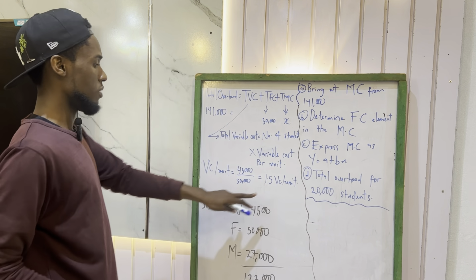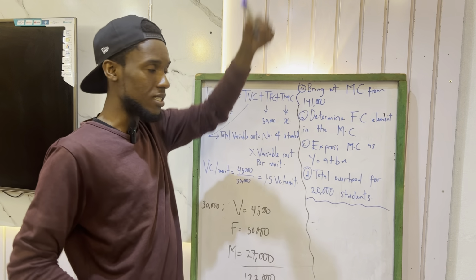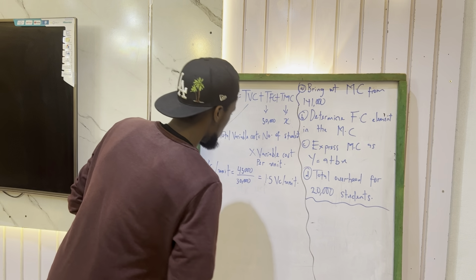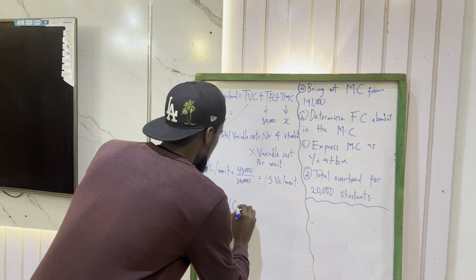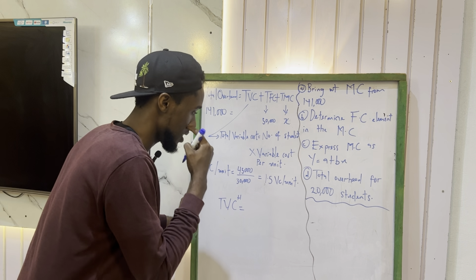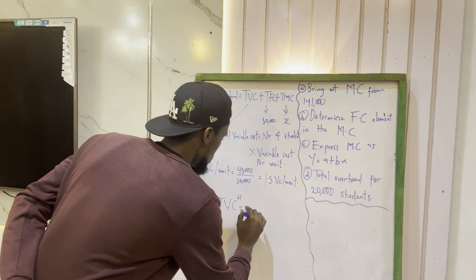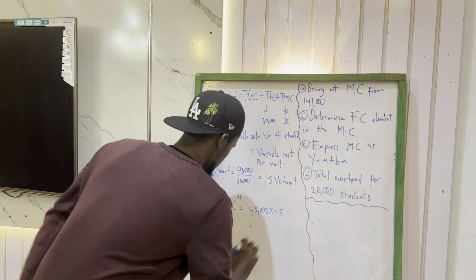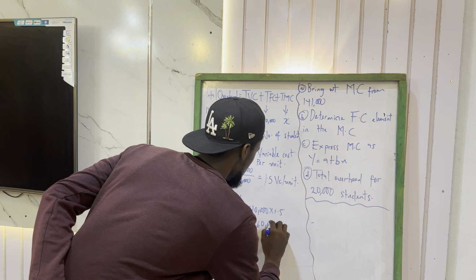Good. So now that we've gotten our variable cost per unit, we can now obtain the total variable cost for the high side. That's the 40,000 students. Let me put H here to represent the high side. That would be number of students, 40,000 times 1.5, and we'll be having our answer to be 60,000.